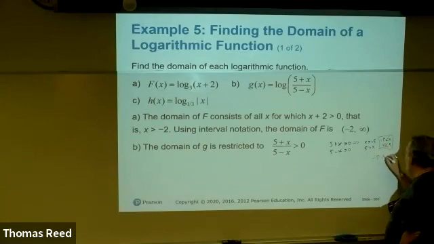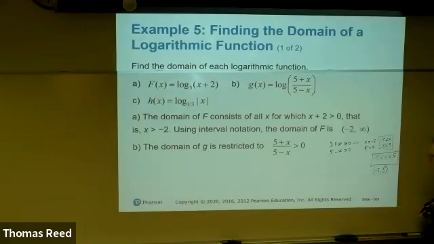So -5 is less than x is less than 5, which is the interval from -5 to 5. As long as x is in that interval, not including the endpoints, you'll get a positive number there, so the domain is all real numbers between -5 and 5, exclusively.